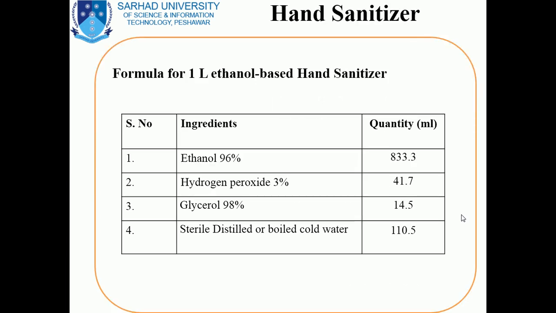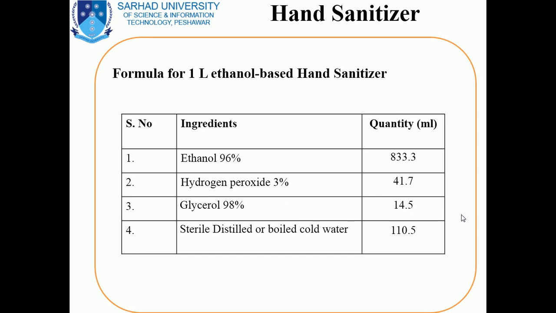The second formulation, that is ethanol based, and this particular formulation, which is termed as ethanol based, we need ethanol 96%, or ethanol we also name as ethyl alcohol, instead of the IPA, that is isopropyl alcohol.